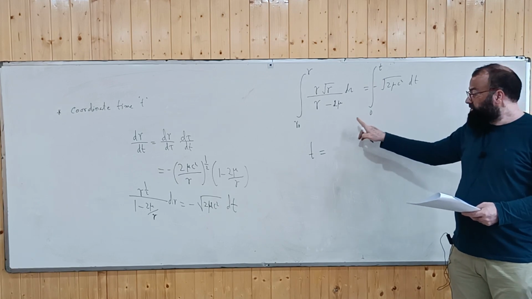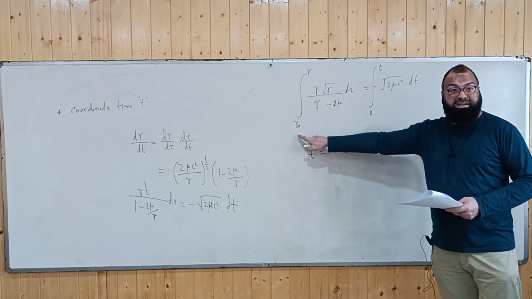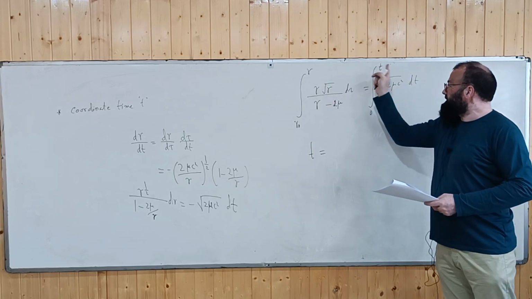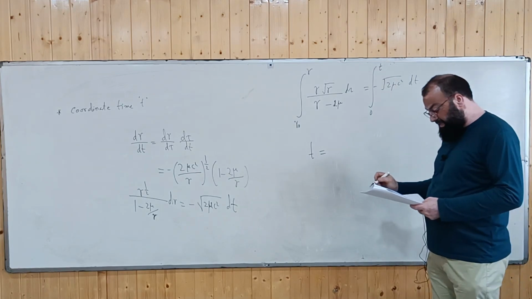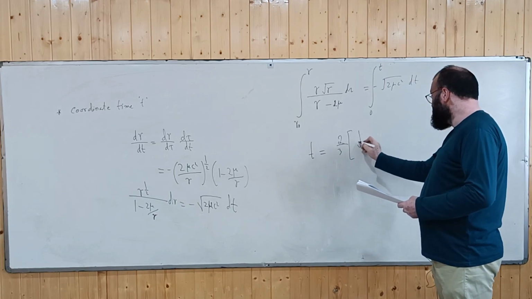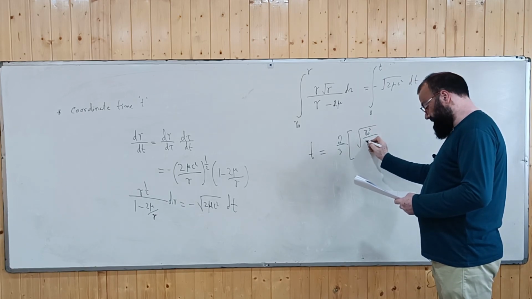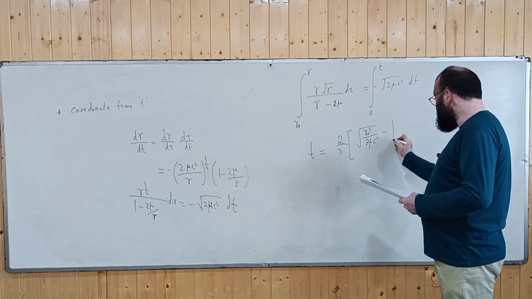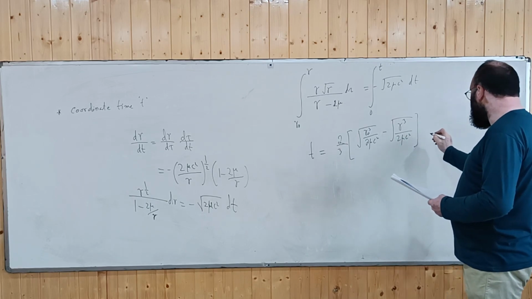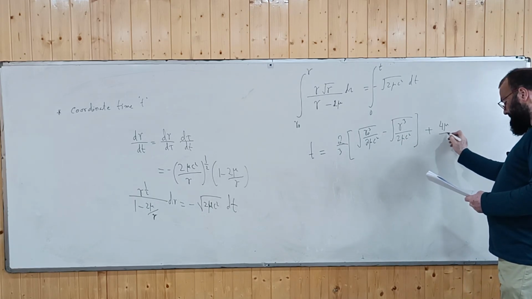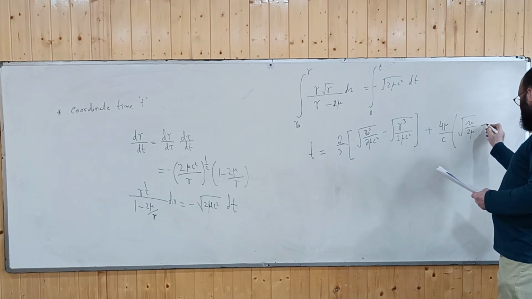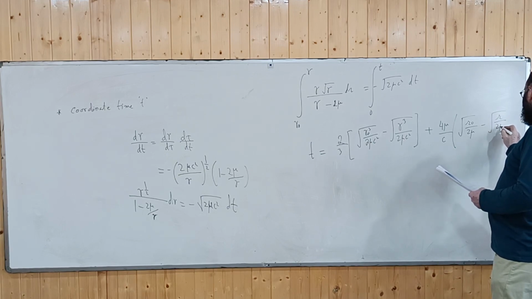While he starts, that means the infalling particle starts its journey at r naught, at time 0, and goes to the point r, at time t. So it will be something like 2 by 3, root of r naught cube divided by twice mu c square minus root of r cube, plus 4 mu by c, root of r naught by 2 mu minus root of r by 2.